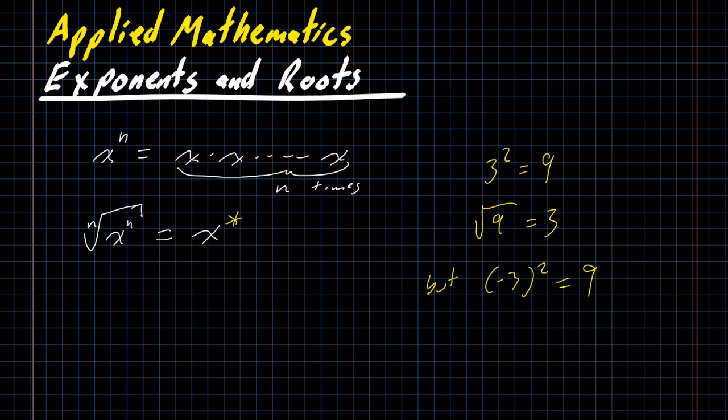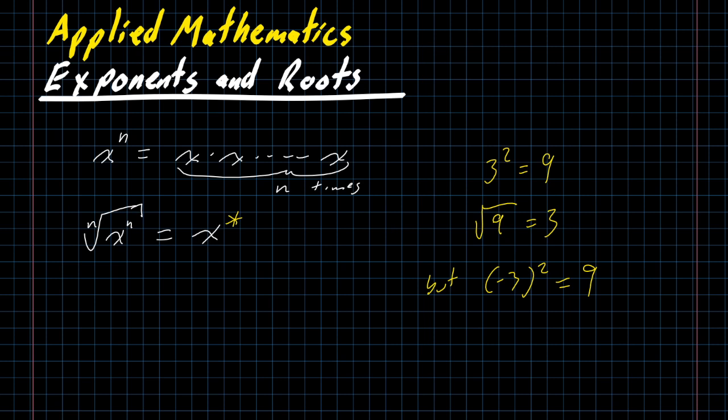Well, we needed to establish a convention. We wanted the square root to be a well-defined operation, so it has to have only one possible outcome. The square root of 9 cannot be both positive 3 and negative 3, and mathematicians chose positive 3 as the usually more helpful variant of the two options.